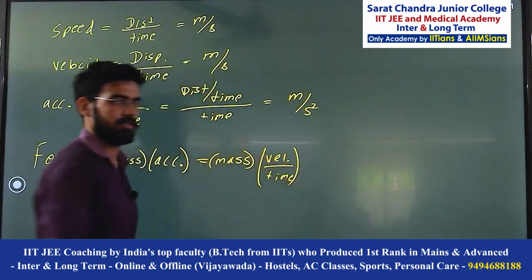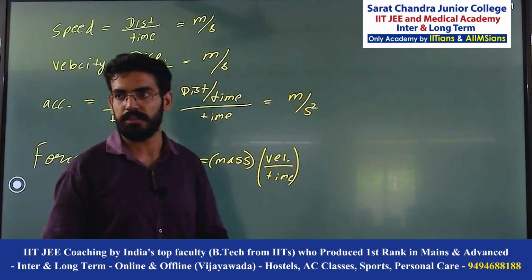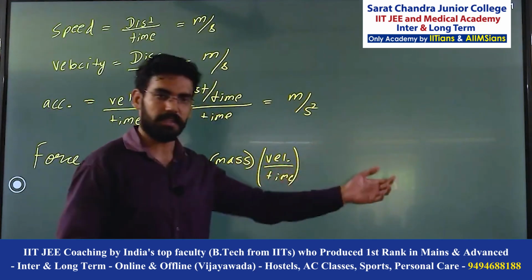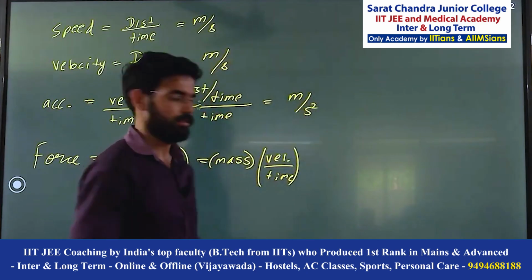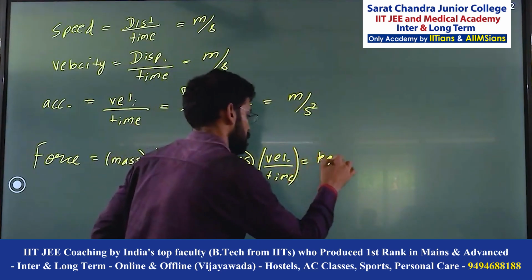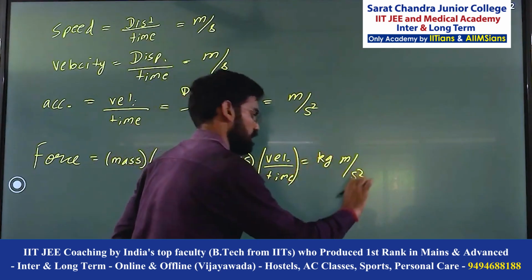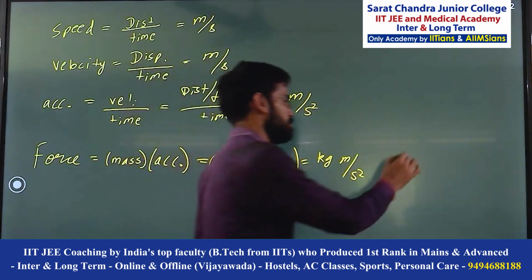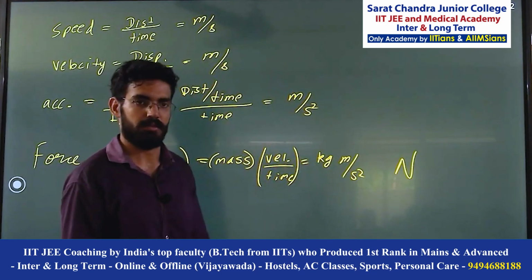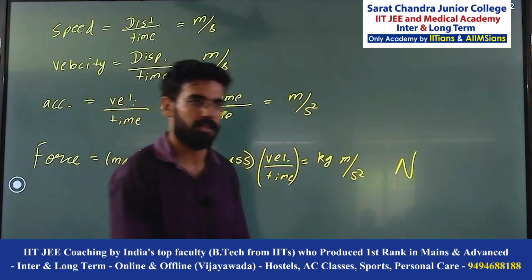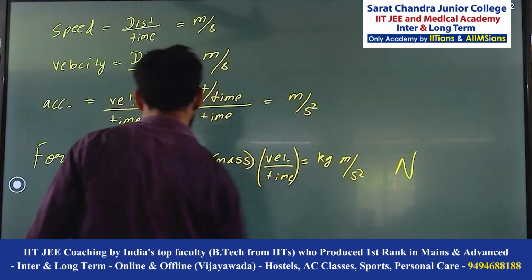Still I don't know velocity, so I will simplify velocity also: displacement per unit time. Like that I can bring everything into basic units. So this is kg meter per second square. That can also be called Newton. You write down both, the answer will come the same. Both meaning is the same. This is an SI unit, this is also an SI unit.